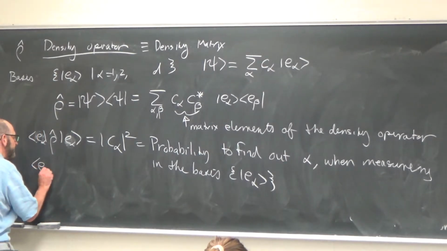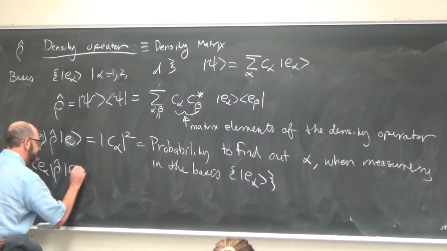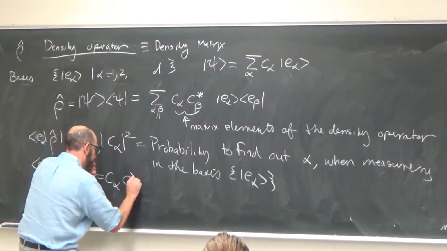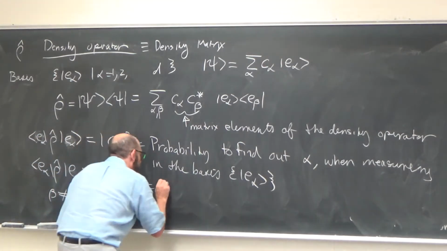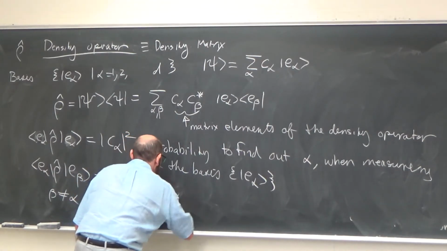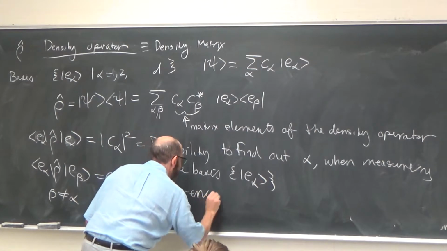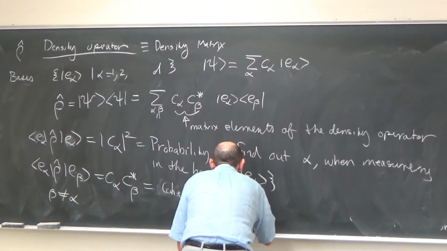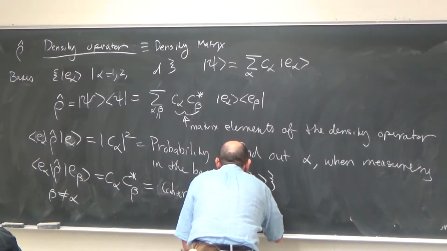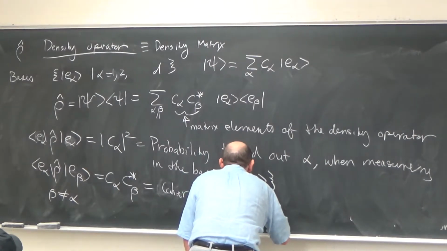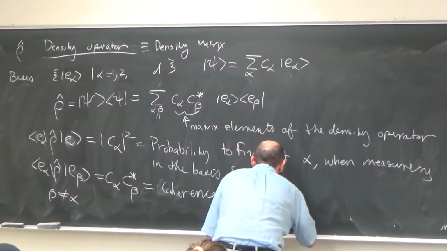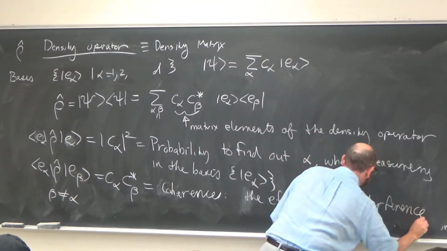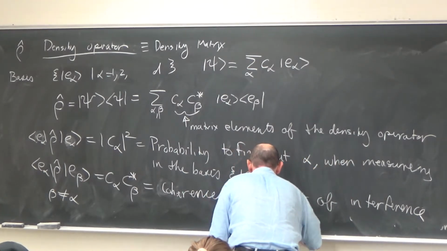Okay. The off-diagonal elements are what we call the coherences. And they tell me something about the effect of interference between alternatives.